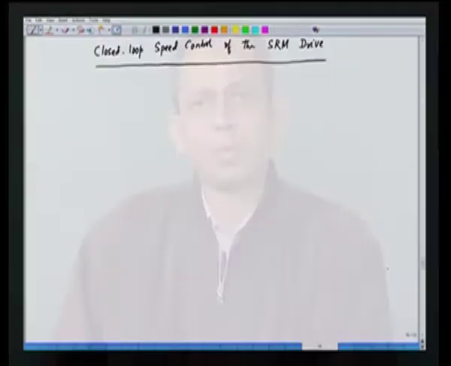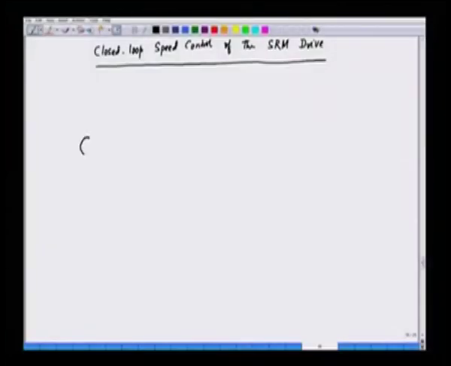Now, here we will start with the reference speed. Our objective is to have a variable speed operation. We take a reference speed and we control the machine with a closed loop speed feedback to have a variable speed operation. So, we start with a reference speed here. That is omega star, and we compare this with the actual speed of the motor.